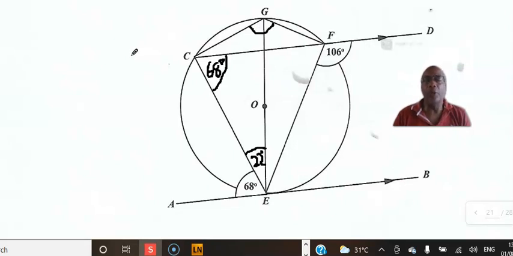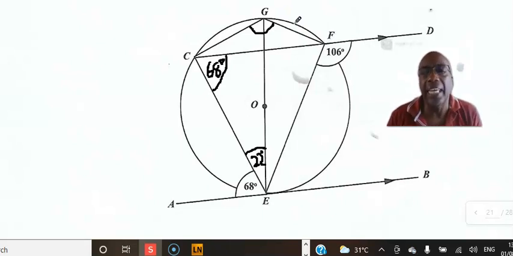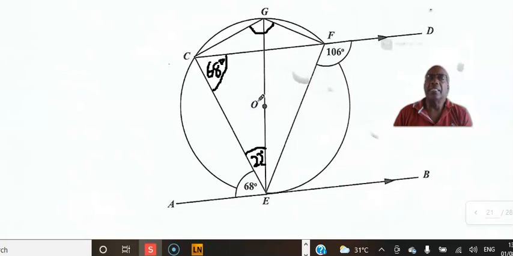So we have to figure out the rule we can use now to find angle CGF. Now you'll realize we have a quadrilateral inscribed in the circle. The quadrilateral is ECGF. And there is a rule that anytime you have a quadrilateral inscribed in a circle, like this one, it is called a cyclic quadrilateral.